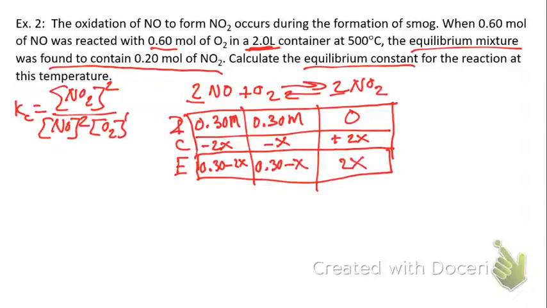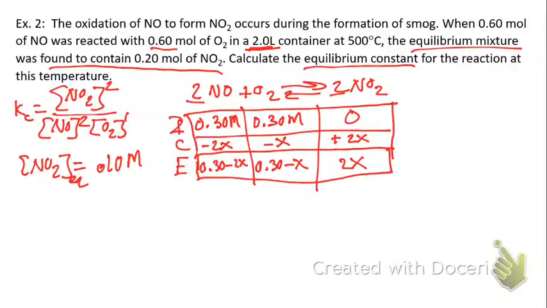Now the question is, can we solve for x? Well, we do know that at equilibrium the NO2 concentration is 0.2 moles per 2 liters. So that tells us that at equilibrium the concentration of NO2 should be 0.10 molar if we divide those two.